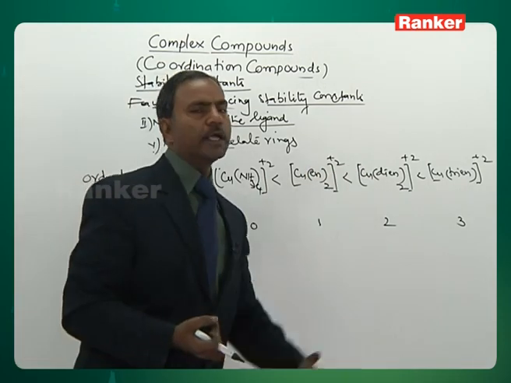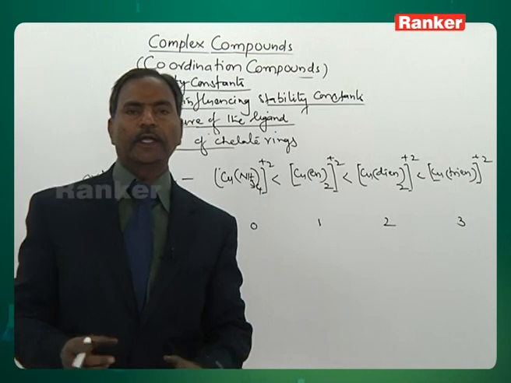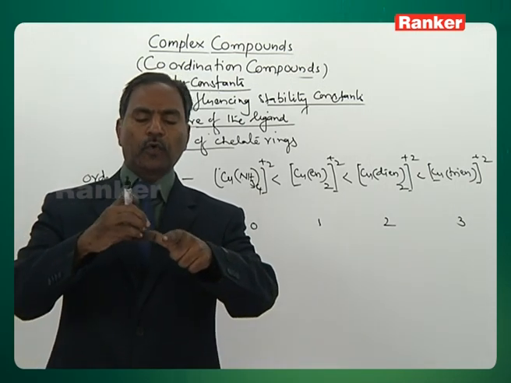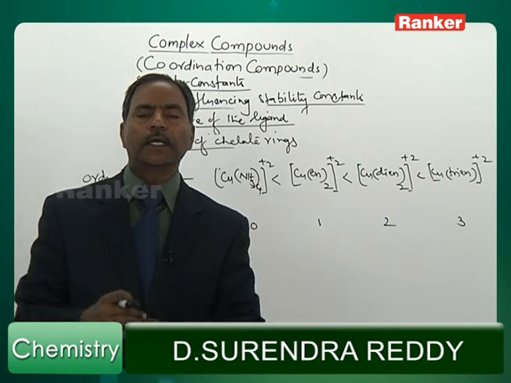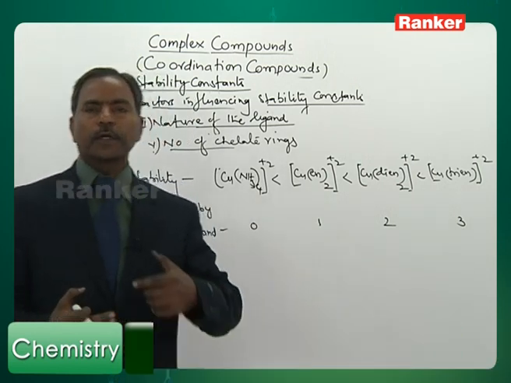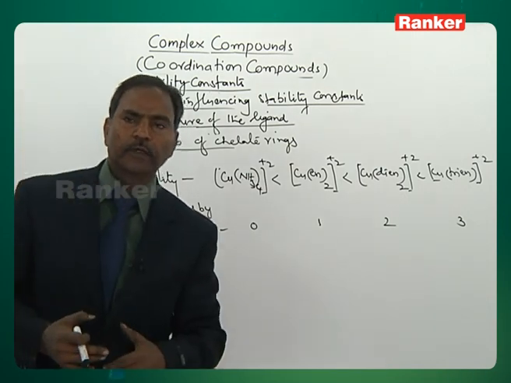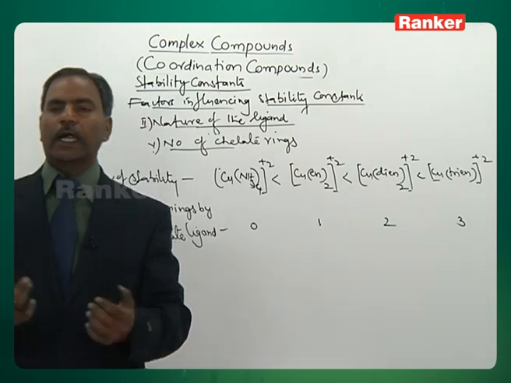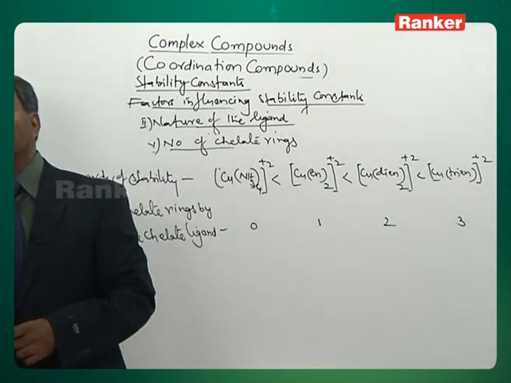In the case of trien, a single trien is linked to the metal ion by 4 donor atoms. 4 bonds are there, and to break these 4 bonds requires more energy. So as the number of donor atoms linked to the metal increases, the number of rings increases, and breaking that ligand from the metal requires more energy.